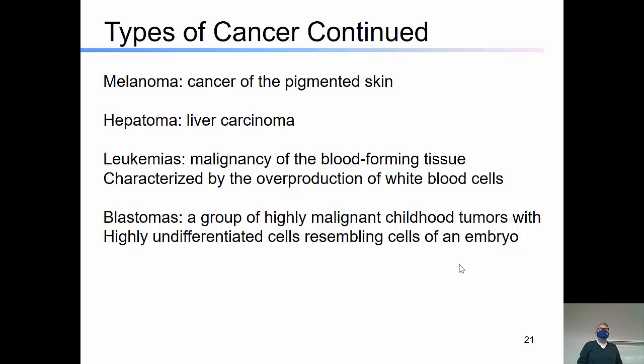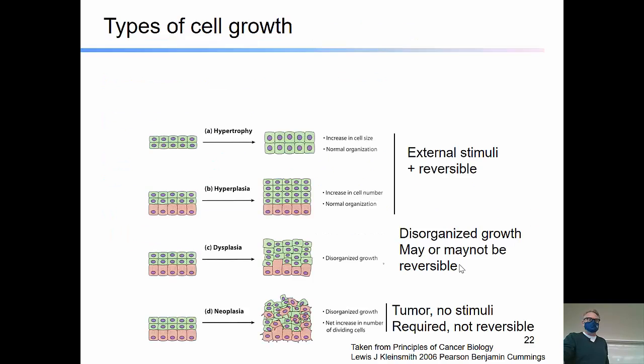Hepatoma is for liver carcinomas. Again, the liver accumulates or processes toxins. The blood filters through the liver, so these are often places where we get cancers. Leukemias are cancers of the white blood cells, so you get a massive proliferation of white blood cells. And blastomas are a class of childhood tumors.